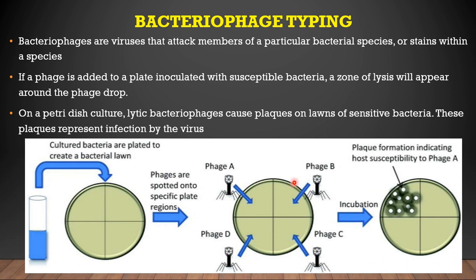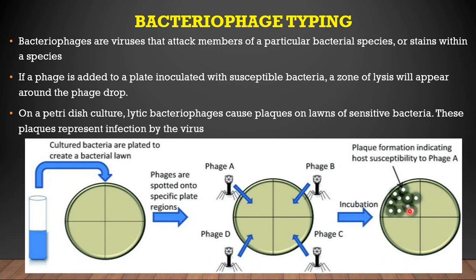Now phages of different types are taken and inoculated. The phage which is relevant to this bacteria is called the bacteriophage of that concerned bacteria, and you are going to have the formation of plaques. So on a petri dish, the lytic bacteriophages cause plaques on the lawns of sensitive bacteria, and these plaques represent infection by the virus.